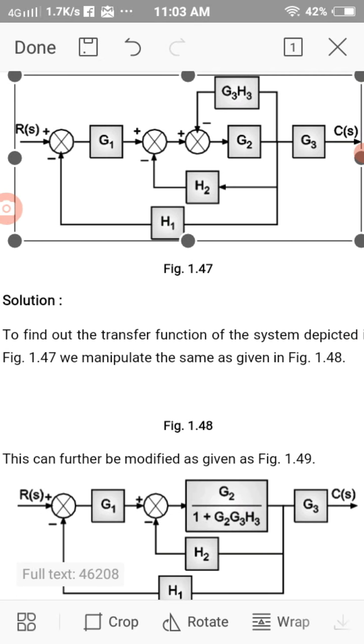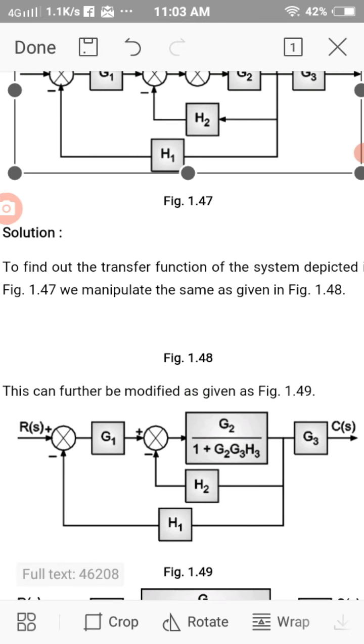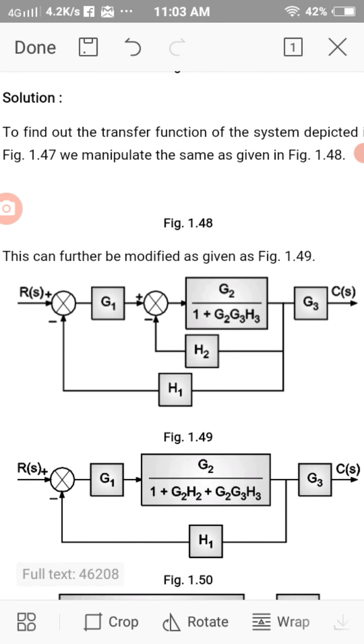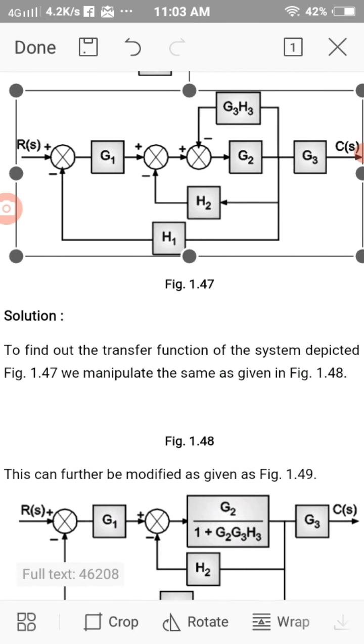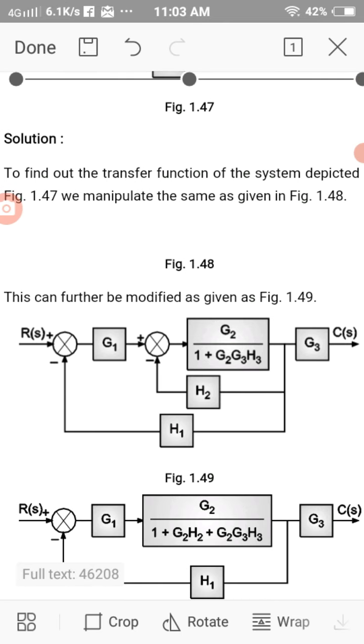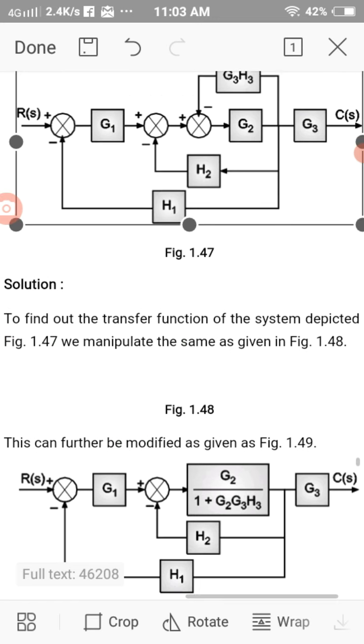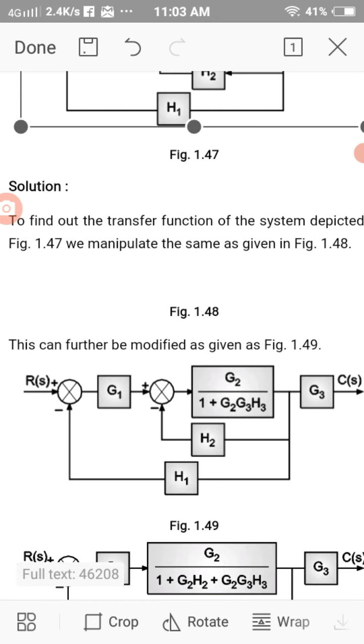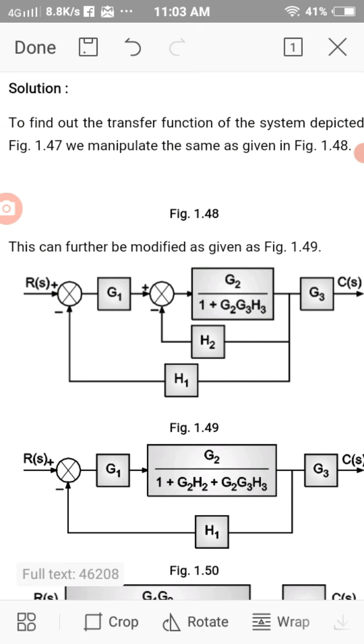Now to find out the transfer function of the system given in figure 1.47, we manipulate the same in a given format. Now G3, H3 and G2 are in parallel. That's why the output will be G2 upon 1 plus G2 into G3 into H3. And H2 is in parallel and also H1 is fed back to the input side.